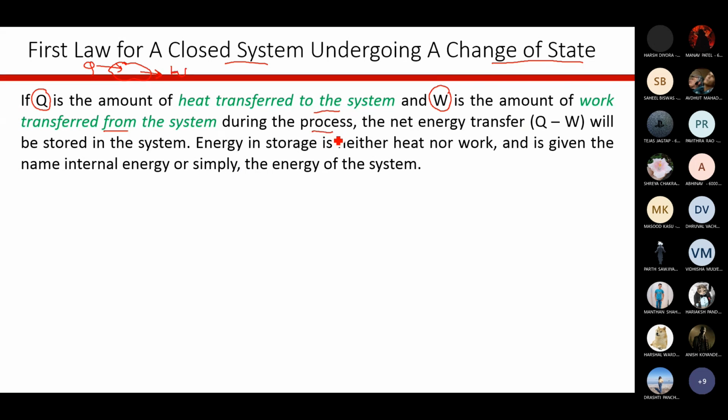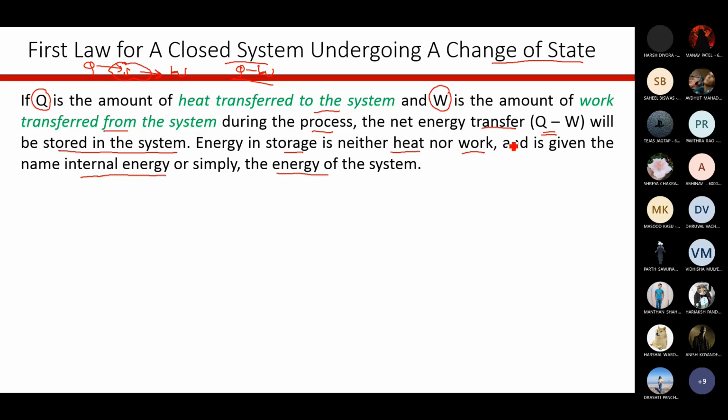During the process, the net energy transfer Q minus W will be stored in the system. So what remains inside the system is this Q minus W. Q is supplied, W is given by the system, so what is stored in the system is Q minus W, right? Now, the energy in storage is neither heat nor work, and is given the name internal energy or simply energy of the system.